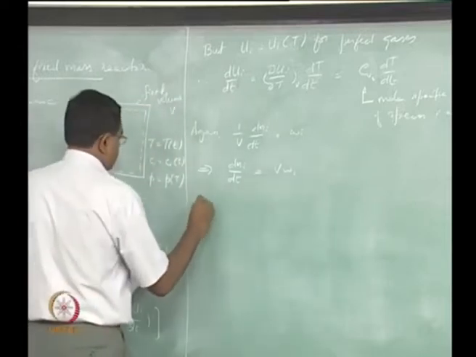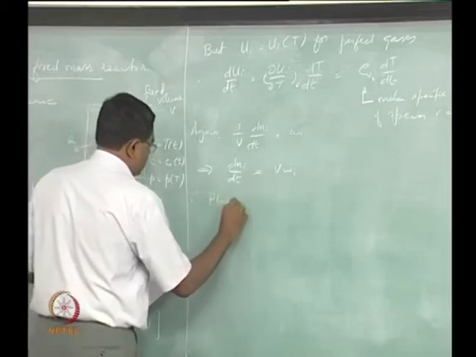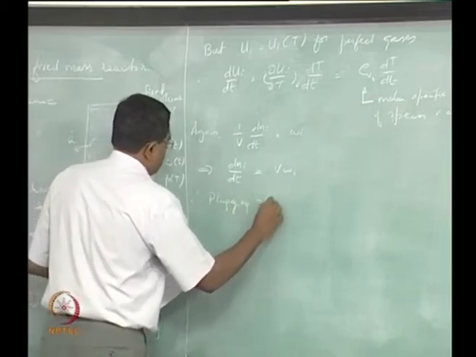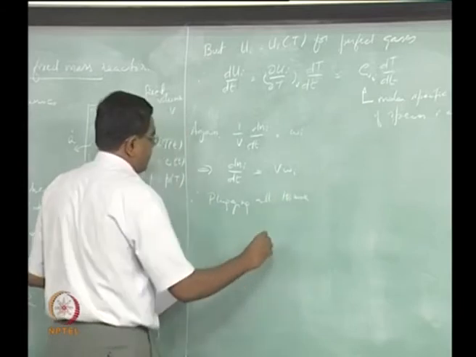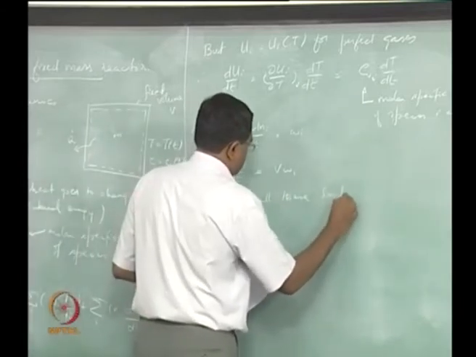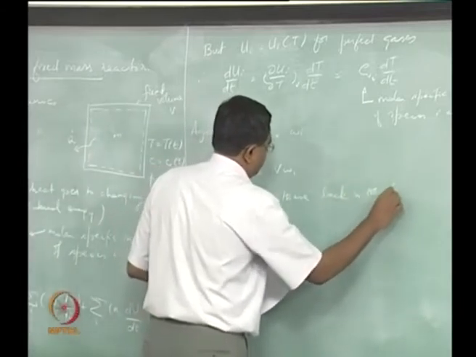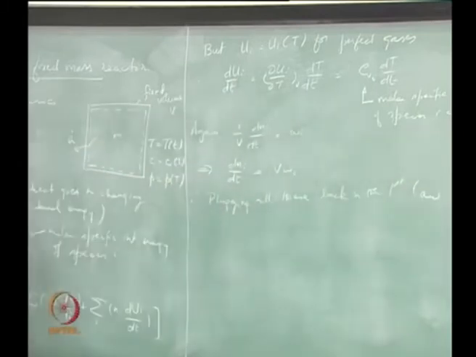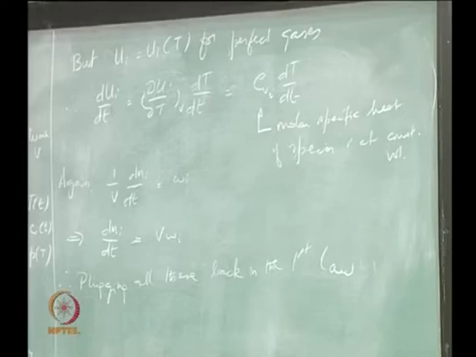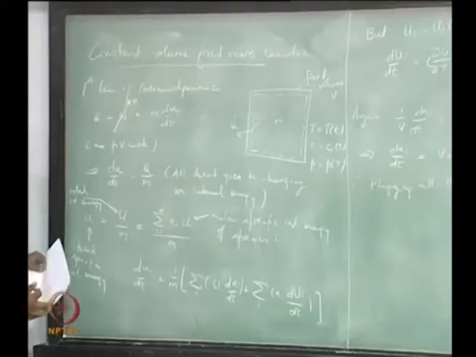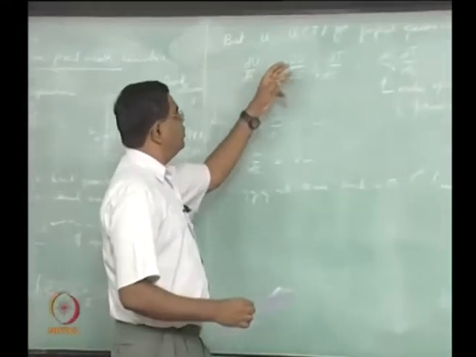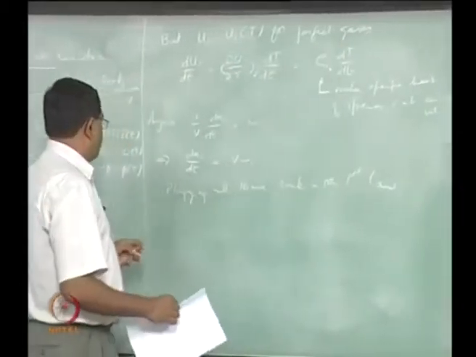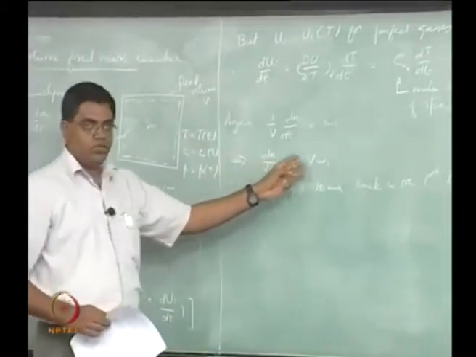Therefore, plugging all these back in the first law, we recognize that du over dt is q dot by m, we recognize that dUi over dt is equal to Cvi dT over dt, and we recognize dNi over dt is equal to V omega i.